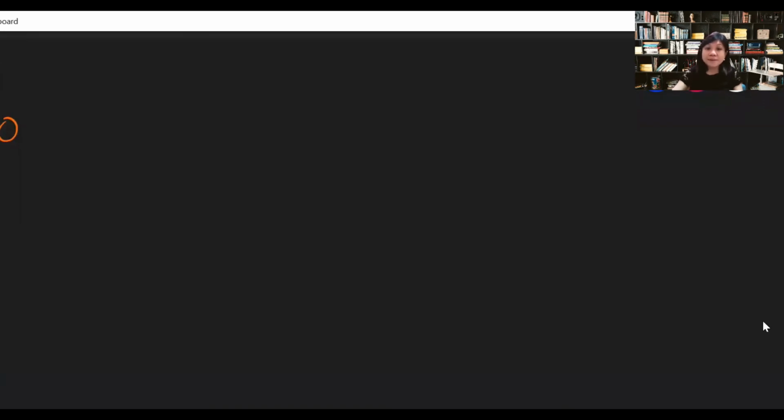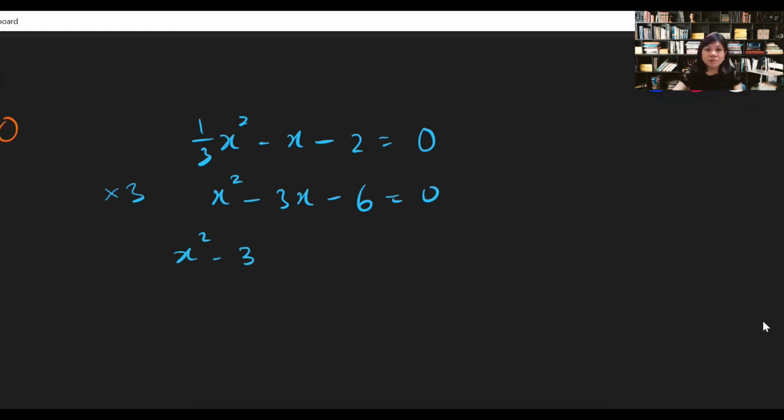We're going to have another example here where the a has a coefficient that is not 1, and the coefficient is actually a fraction. We still want to get rid of the fraction, or whatever number it is as the a if it's not 1. In this case, you need to multiply by 3 to have your a as 1. So every term will be multiplied by 3 before you do your completing the square. Remember you plus and minus some stuff here. In this case, what you minus or plus is 3 over 2 squared, which is 9 over 4.